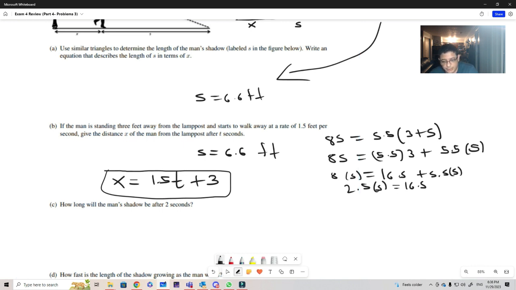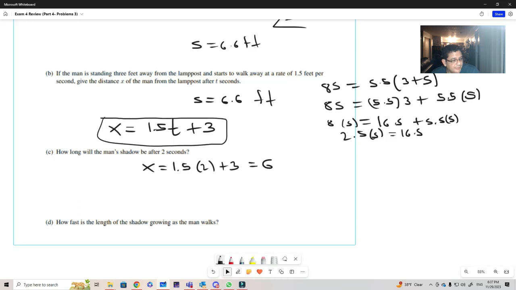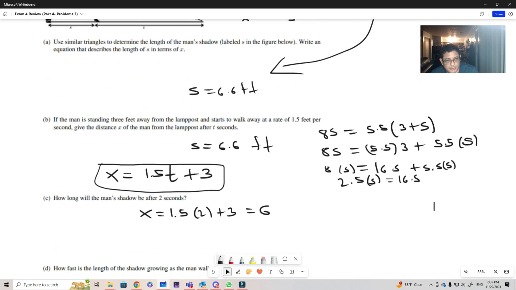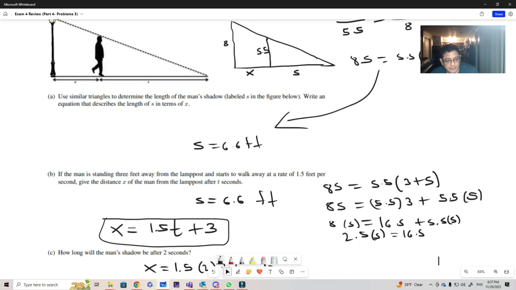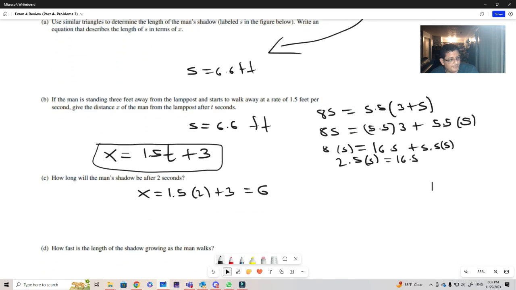So we pretty much just plug in t equals 2. And so that will be 6. That will give me the x. And so once we have the value for x, then we can find out, again, using the equation above, how long s is going to be.